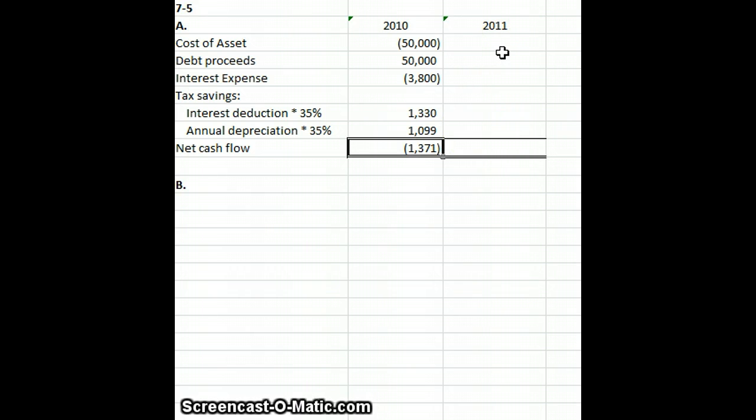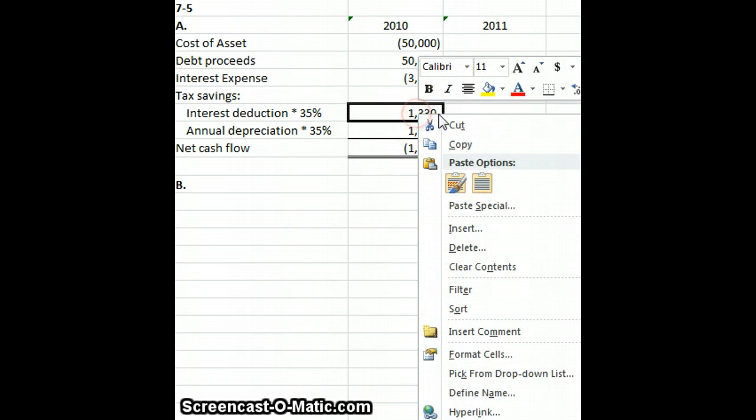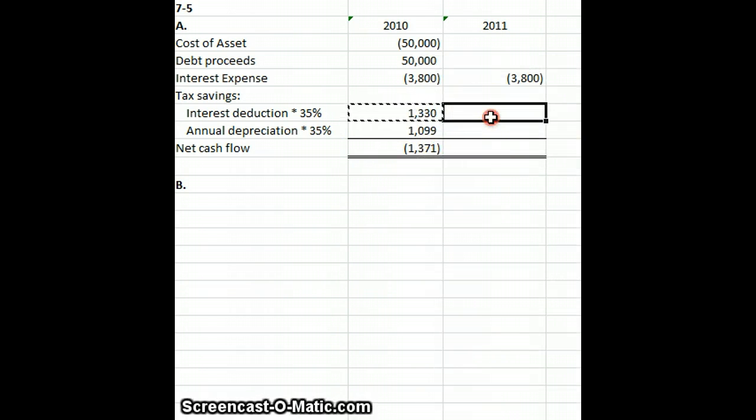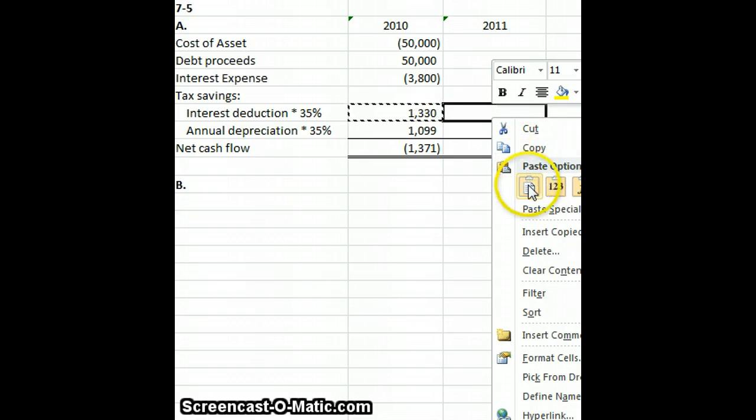Okay. In year two, I still have a cash outflow of $3,800. My interest savings is going to be the same. So same marginal tax rate, same deduction.